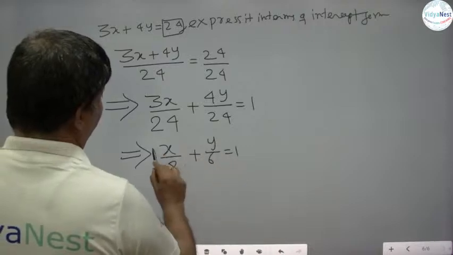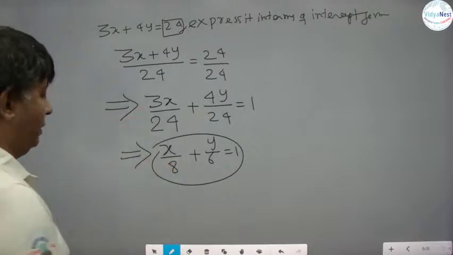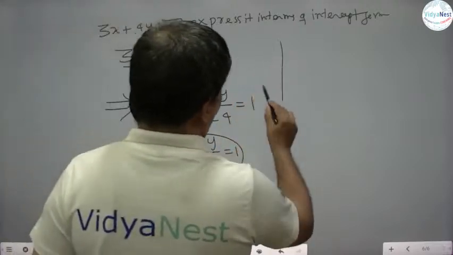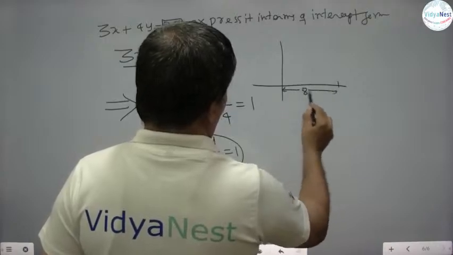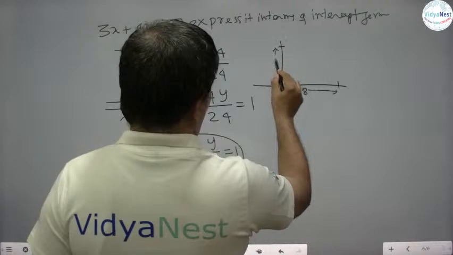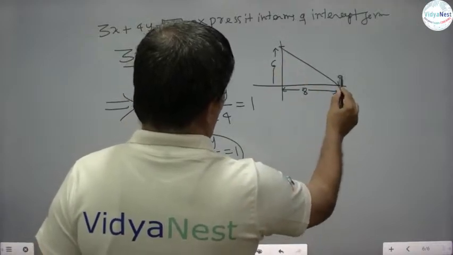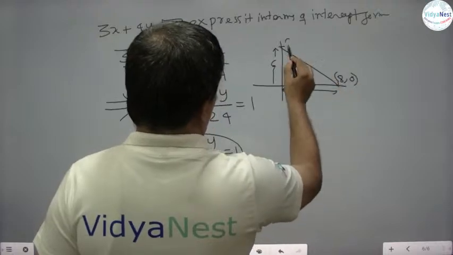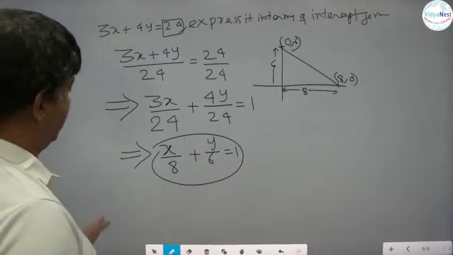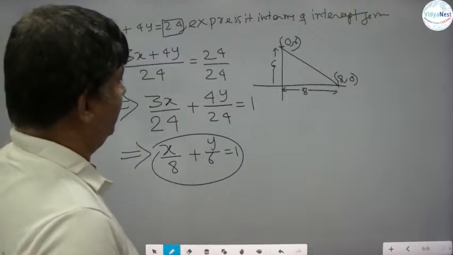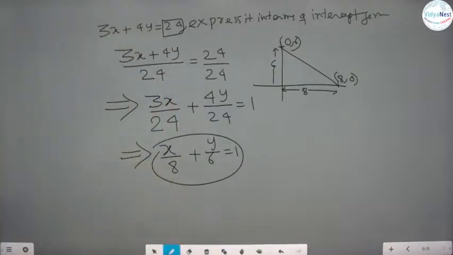So we are able to express it in terms of intercept form. This is x by 8 plus y by 6 equals 1. So 8 comma 0, 0 comma 6. Okay, so it is intercept form, x intercept 8, y intercept 6.